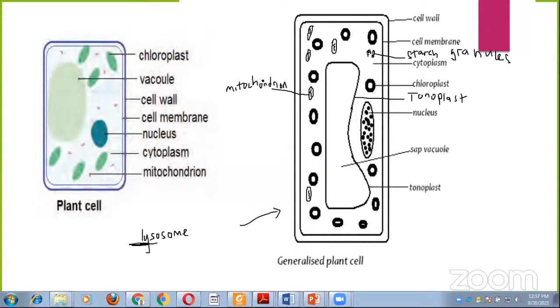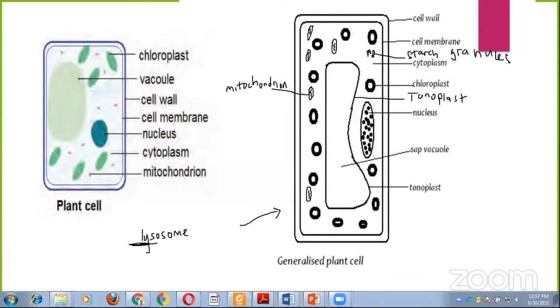What of genetic material? Every cell, whether plant, animal, whatever, will have its genetic material in the nucleus. And genetic material, I call it DNA.